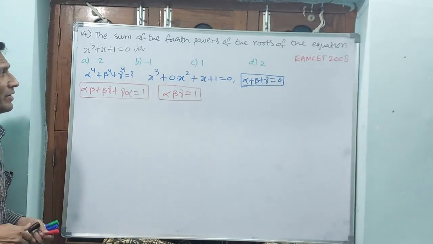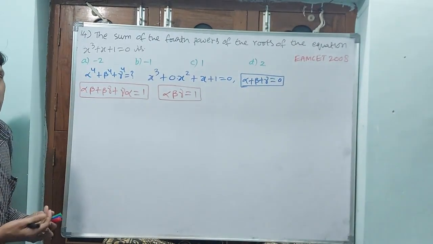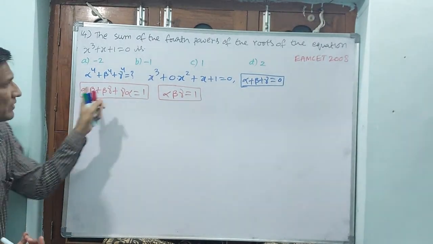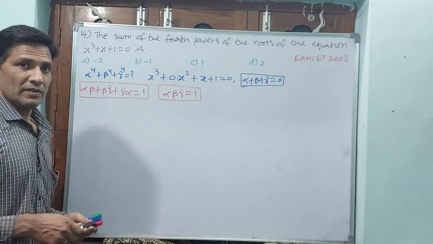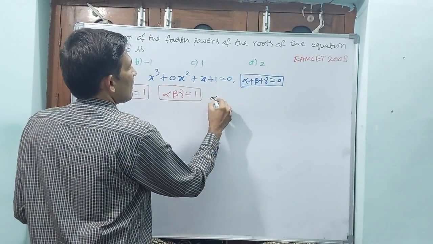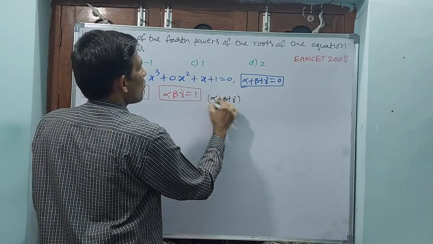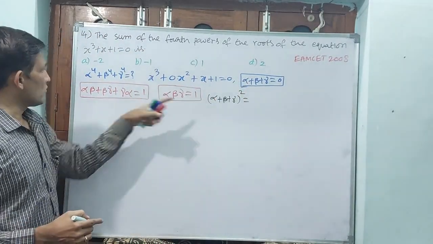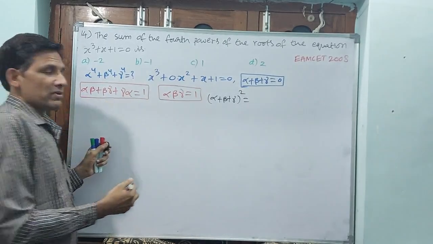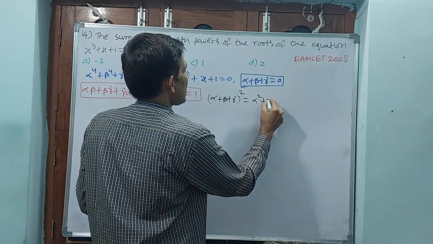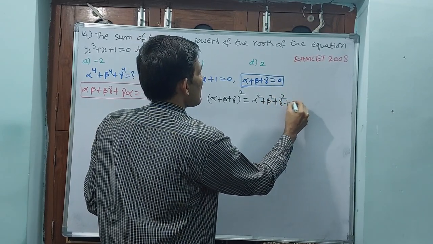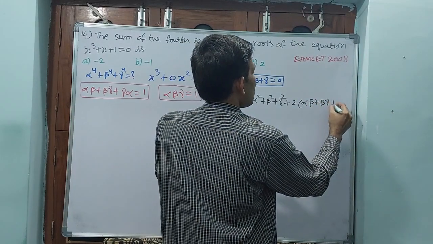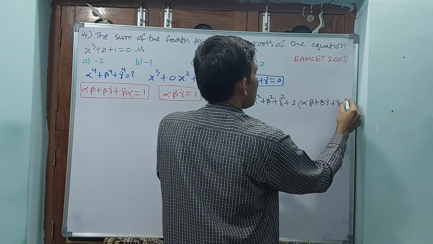Okay, now you tell me how you are going to get alpha to the power of 4, beta to the power of 4, gamma to the power of 4 directly? Directly you cannot get. What you have to do, first you square this. Write down: alpha plus beta plus gamma whole square is equal to... see, even though this is 0, opposite side 0, you expand this. Why? Because after coming again we will square it. What will happen? Alpha square plus beta square plus gamma square plus 2 times alpha beta plus beta gamma plus gamma alpha.